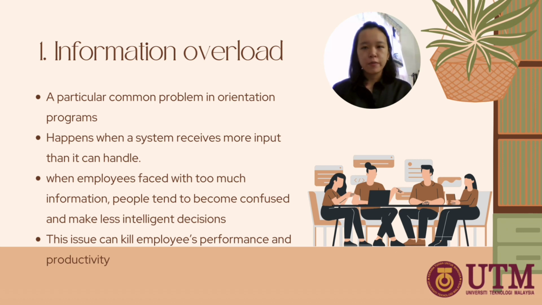Being overloaded with information refers to the feeling of having too much information to process and pay attention to. According to psychologist Charles Mirier, an average person can process 7 pieces of information at once. When employees are faced with too much information, people tend to become confused and make less intelligent decisions.